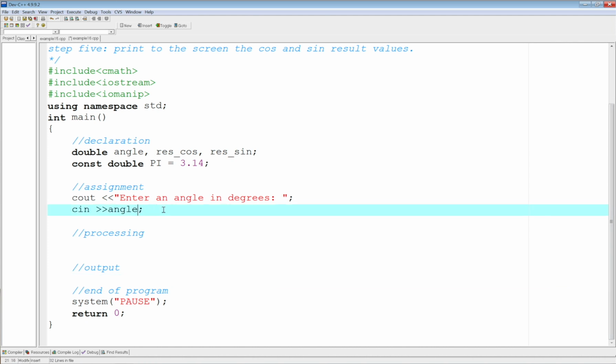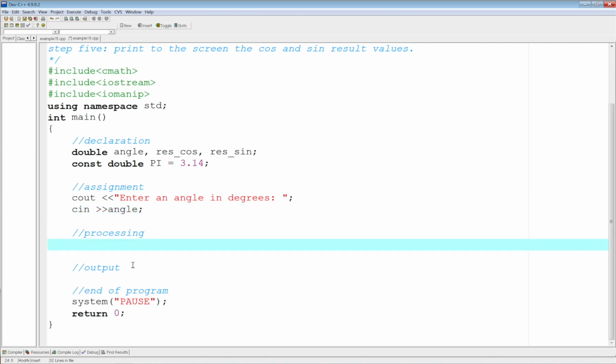Now, we know this angle is in degrees. Now, what you could do is you can take that angle, and it's going to be equal to its previous value angle times pi, let me just separate things up a little bit, and then let me put my parentheses and divide everything by 180.